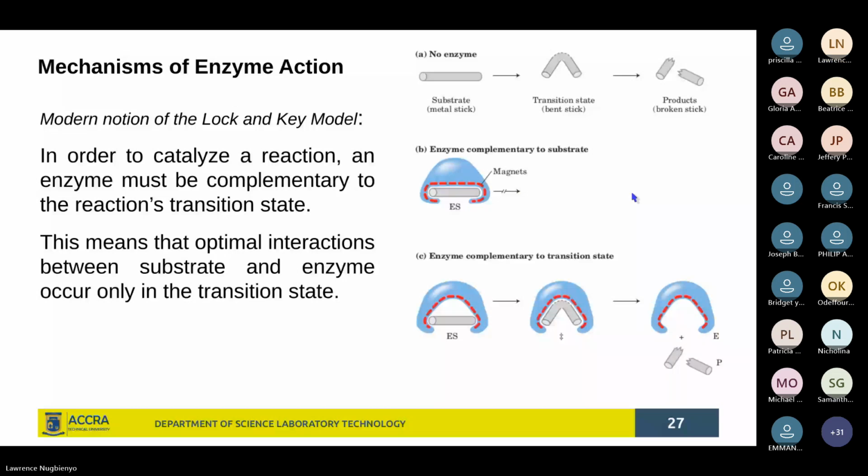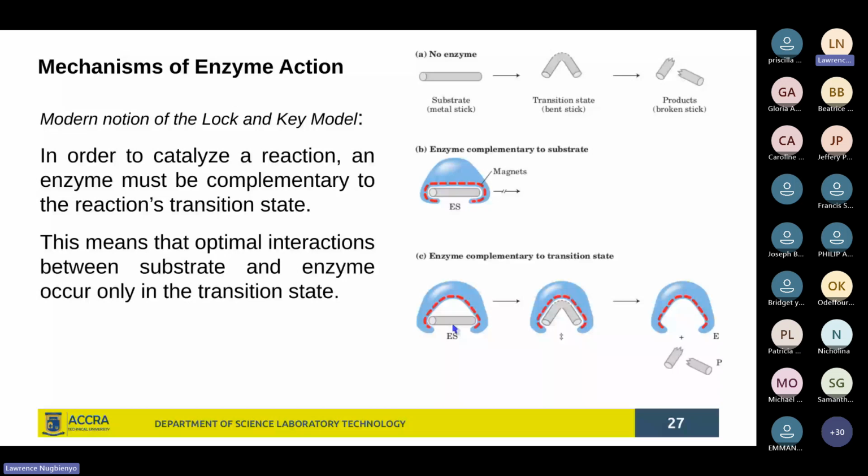Then the understanding came that, okay, it means that at first you have the enzyme binding onto the substrate to give you an enzyme substrate complex, but that enzyme substrate complex is not perfectly stable. So that enzyme substrate complex itself is a transition state. So you see that this is not perfection.